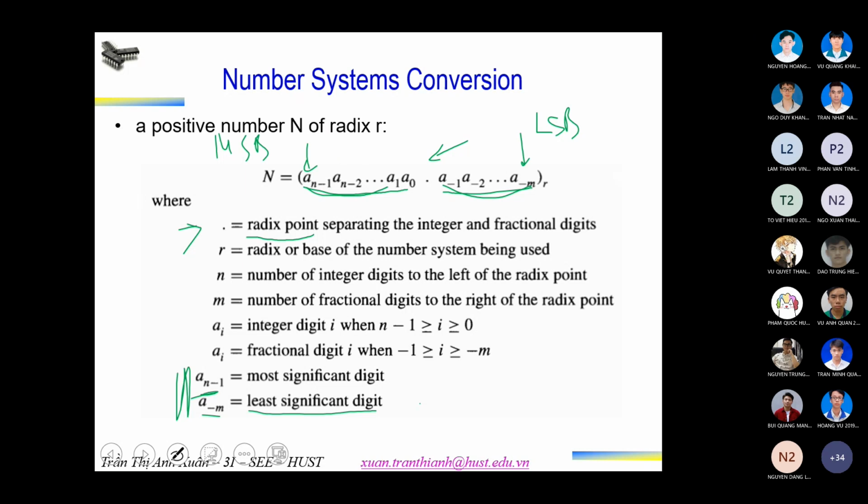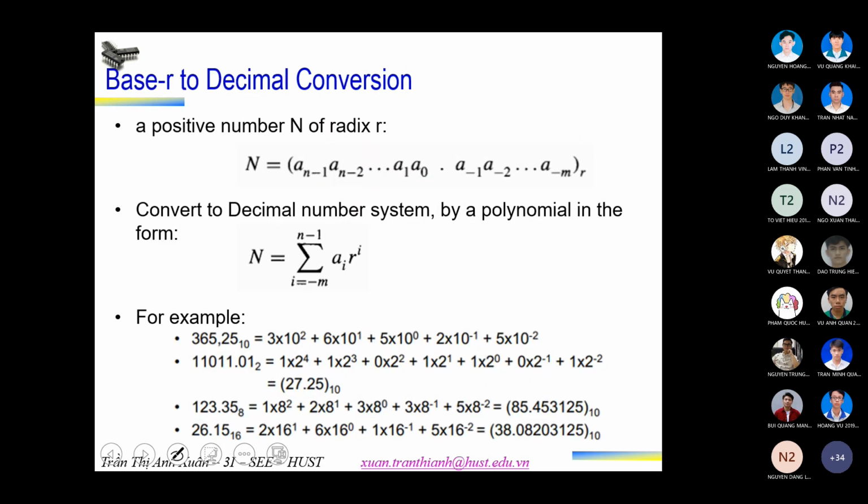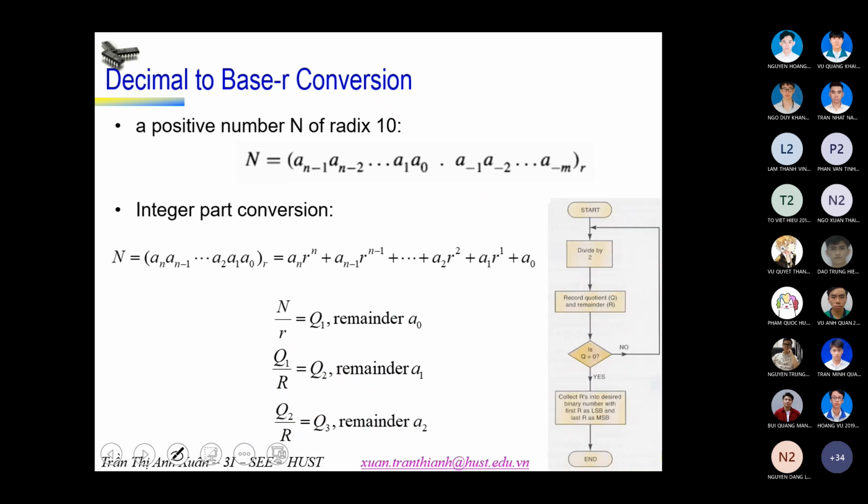Okay, this is information we reviewed last week. So we continue to base conversion. Last week we finished converting from any number system to decimal, and also from decimal to any number system.